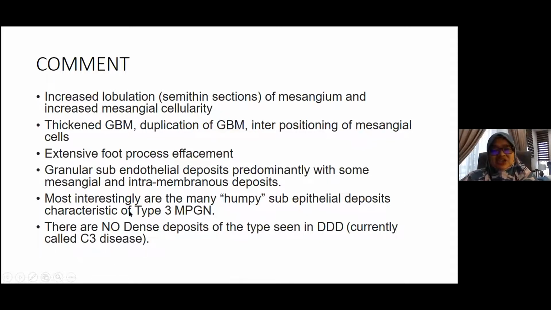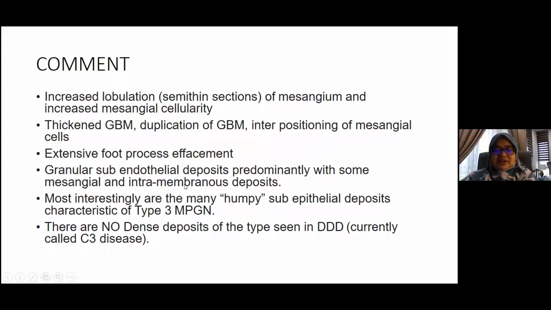So in short, there's increased cellularity that we saw in the semi-thin section, which comprises mesangial increase in cellularity. There's also thickening of the glomerular basement membrane, duplication of the glomerular basement membrane, and some interpositioning of mesangial cells. There's extensive foot process effacement, and there are granular subendothelial deposits, which we saw a lot, with some mesangial deposits.